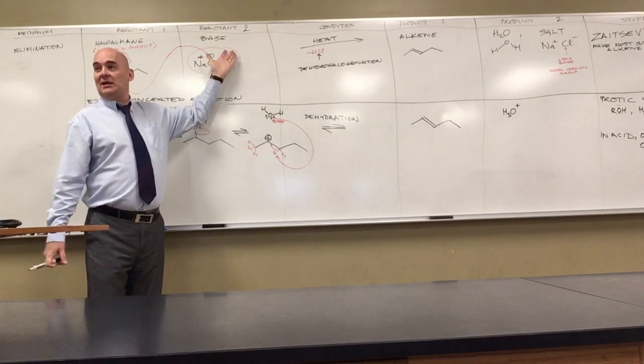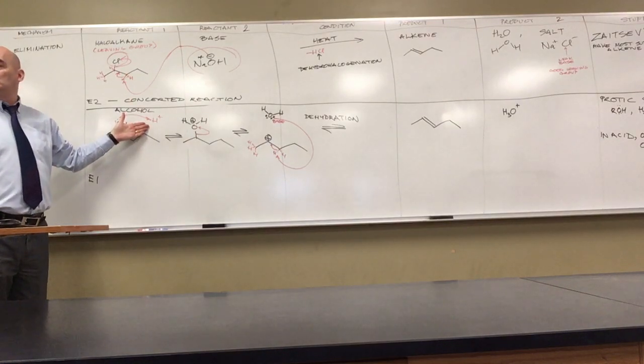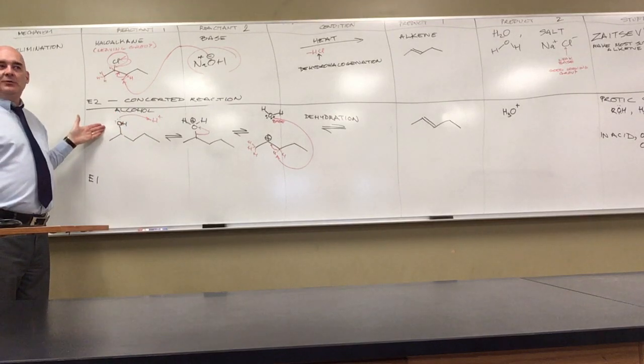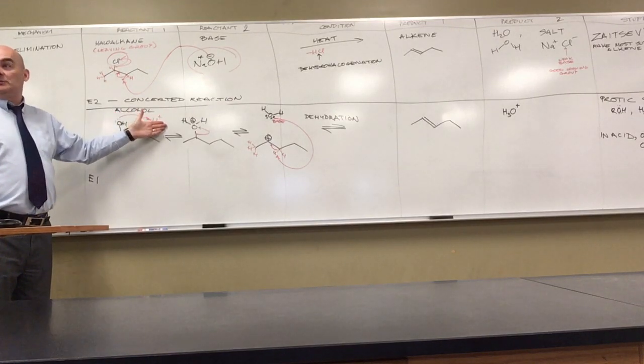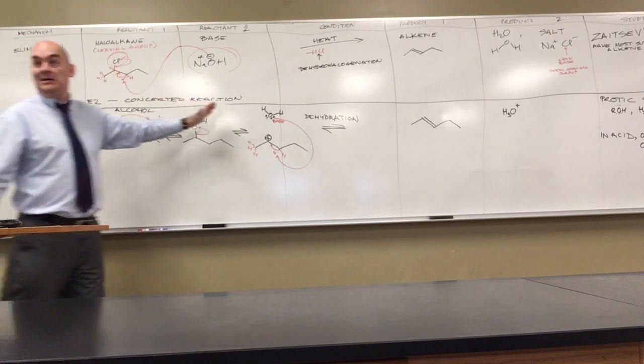Because Mr. Hydroxide is going to just stamp the acids to death. And without the acid, the alcohol doesn't get protonated, and therefore the leaving group doesn't leave. So base would not help this reaction, it would actually hinder it.